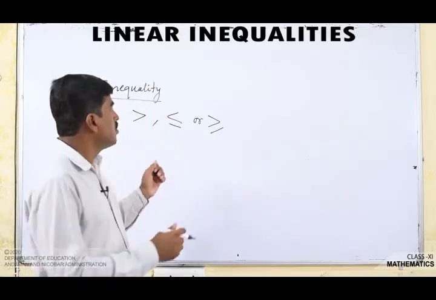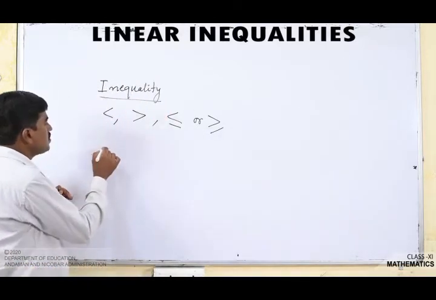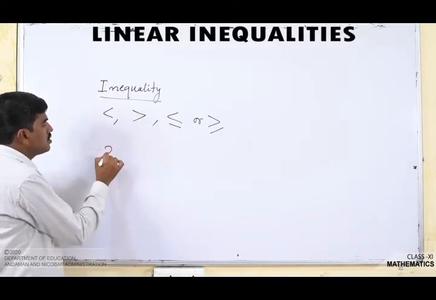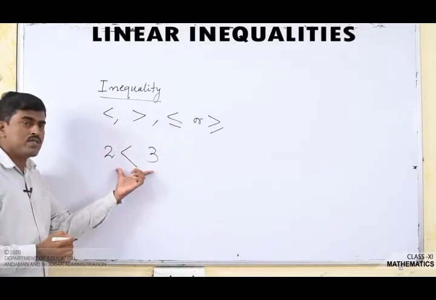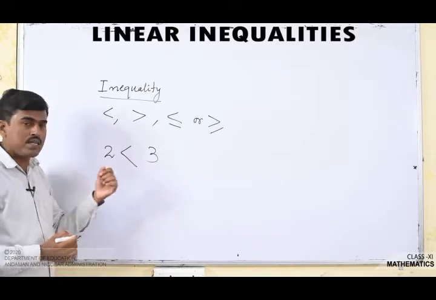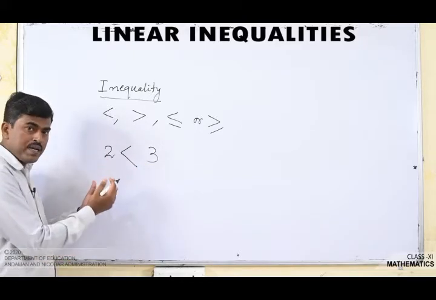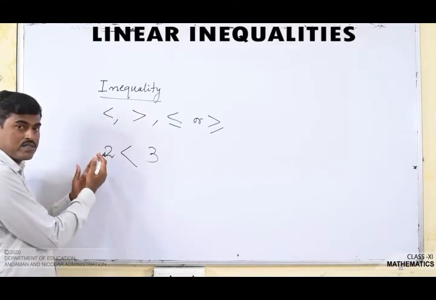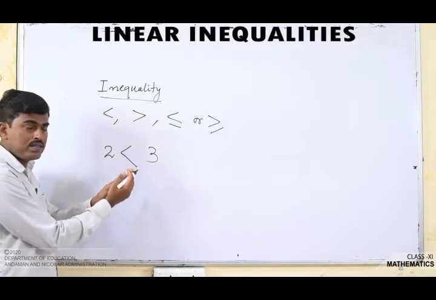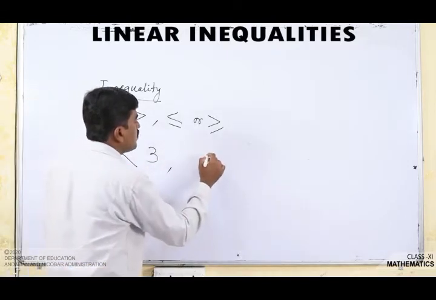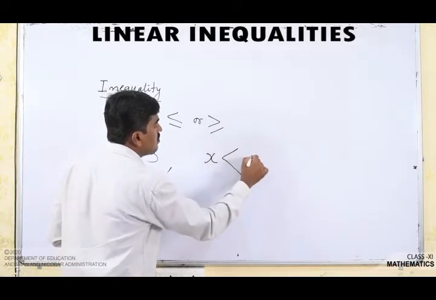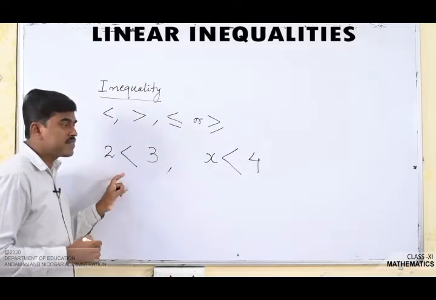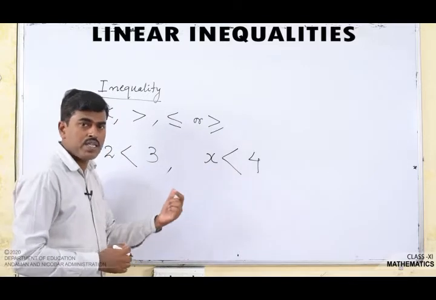Okay. So suppose I am writing an inequality 2 is less than 3. It is also an inequality, a statement in which it states that 2 is less than 3. And suppose I am writing x is less than 4. X is less than 4 is also an inequality.